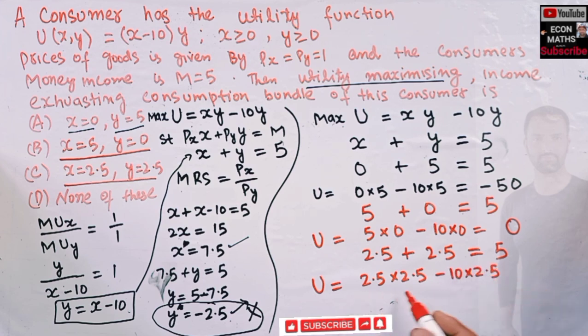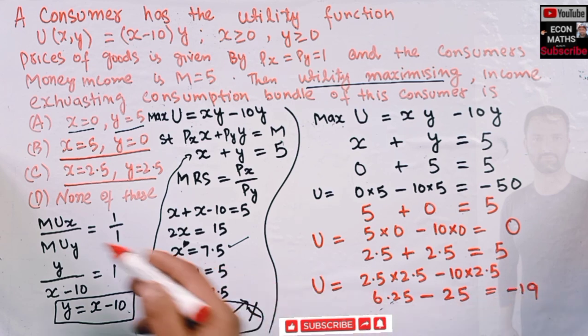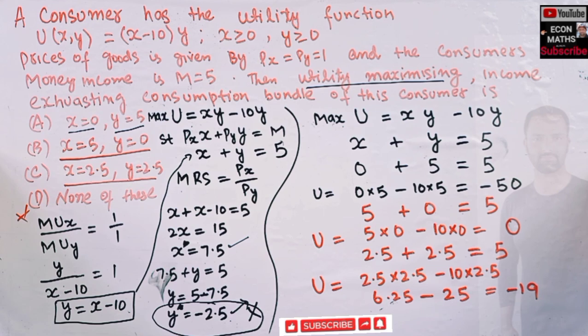Now 2.5 times 2.5 comes out to be 6.25, and 10 into 2.5 is 25. I am not sure I have done the calculation right, but the value here is about minus 19, so this option cannot be the right one.